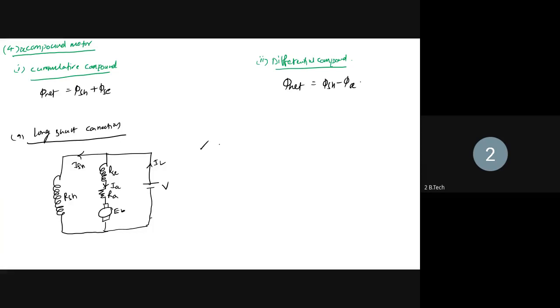The equations are IL is equivalent to IA plus ISH. From this, IA is equivalent to IL minus ISH. And to calculate ISH, it will be supply voltage V divided by RSH. And to calculate the back EMF, EB is equivalent to supply voltage minus the drop in the resistances, which will be IA into (RA plus RSC).